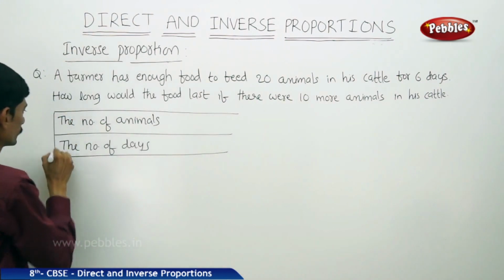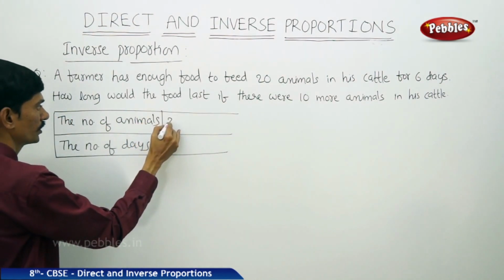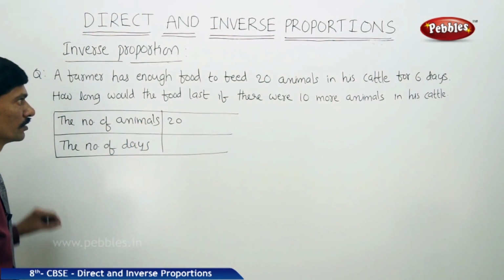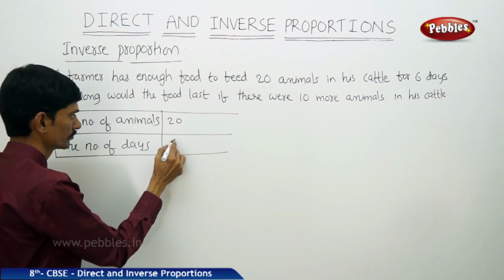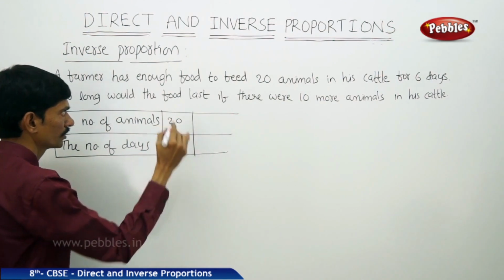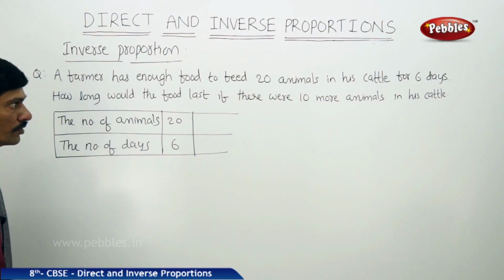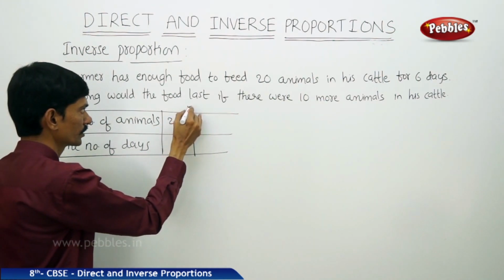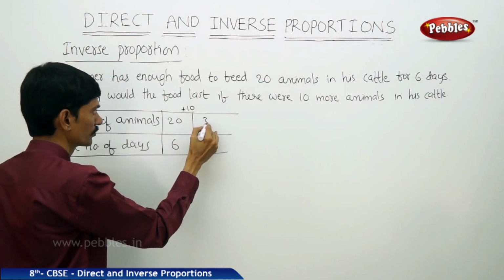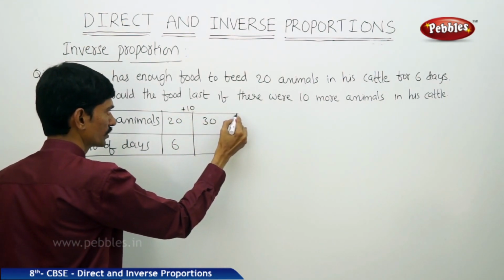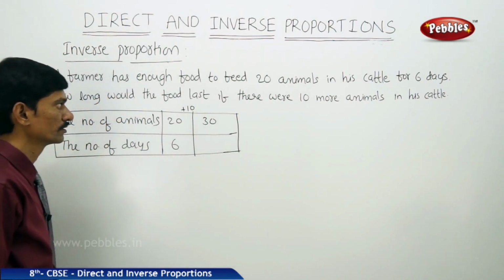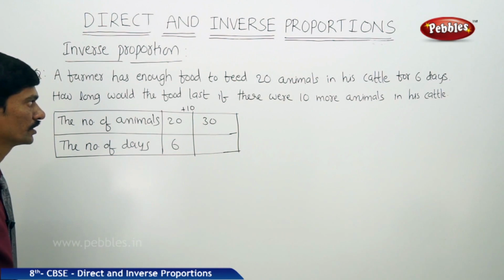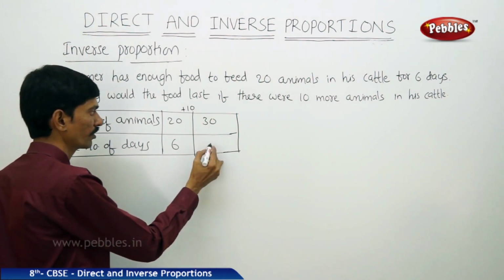If there are 20 animals in his cattle, he can feed the food for 6 days. And if there were 10 more animals, so 20 plus 10, then this equals 30. So if there are 30 animals in his cattle, then how long can he feed the food for 30 animals? So you should find out the number of days.